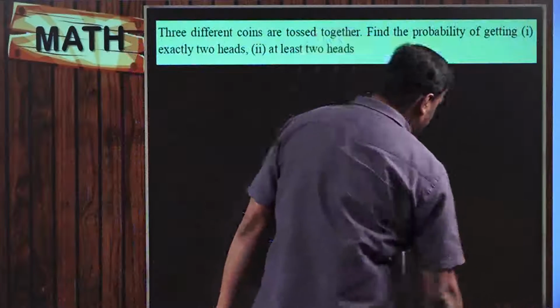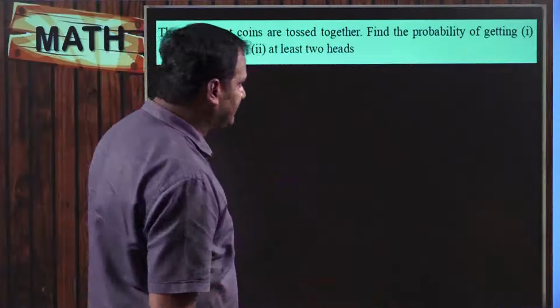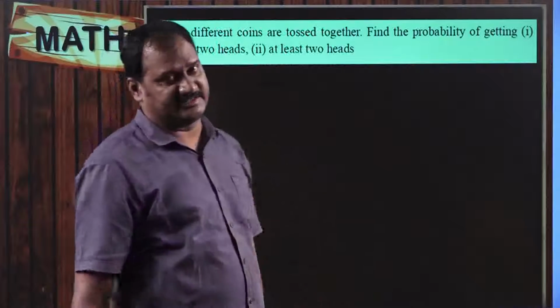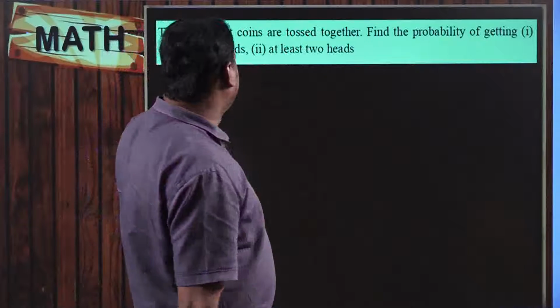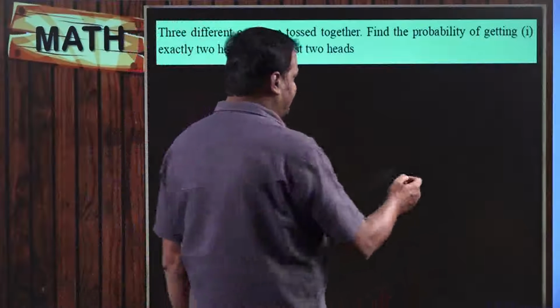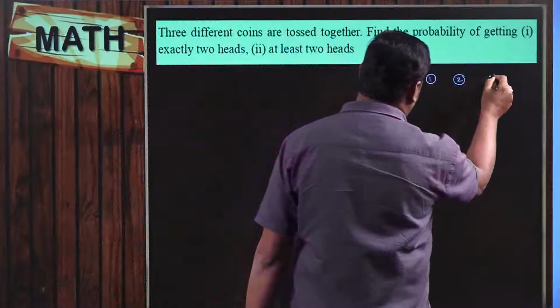And moving on to the next problem, see here, 3 different coins are tossed together. Find the probability of getting exactly 2 heads, and at least 2 heads. So when you are tossing 3 different coins, I am taking the first coin, second coin, as well as third coin.